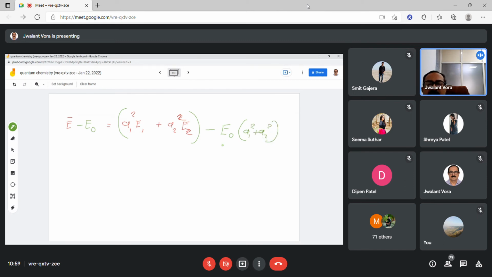So A1 square plus A2 square is equal to 1. So હવે આને બ્રેકેટ ને છૂટો કરીએ. This is equal to A1 square E1 plus A2 square E2. આ બંને પાર્ટ લખ્યા. હવે આ પહેલો પાર્ટ લખું છું, minus A1 square E0, minus A2 square E0. બંનેમાંથી A1 square અને A2 square common લઈએ.